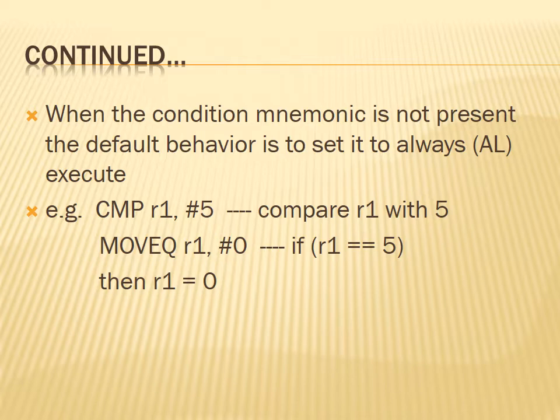This will be elaborated in the next session or in the chapter which is there. A separate chapter is there on assembly instructions. In that chapter we will study more details and how this conditional execution helps to reduce the multiple branches.